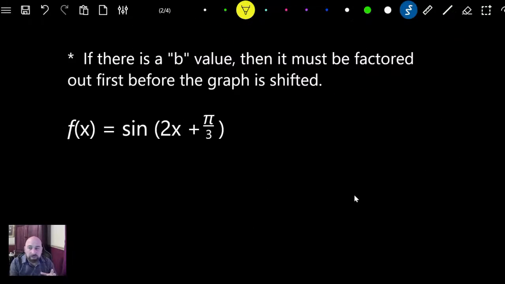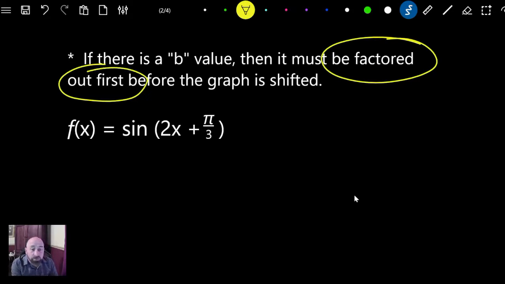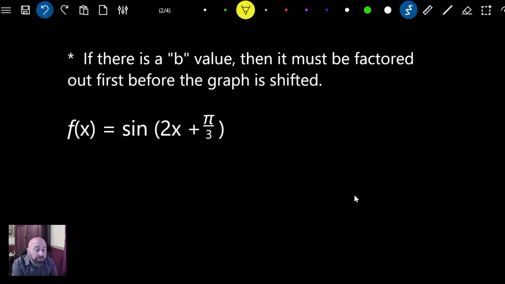All right, one more thing about these horizontal translations, these movements left or right, is that sometimes there is a b value involved, okay? And what do you have to do if there's a b value? You need to factor it out first, okay? If you don't factor it out first, then you're going to have a problem. You're not going to be making your correct movements.